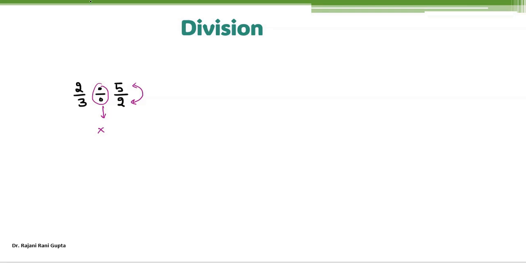So we keep the first term the same, 2 over 3, with no change. The division changed into multiplication, and we reversed the position of the numerator and denominator of the second term. So it now becomes 2 over 5.